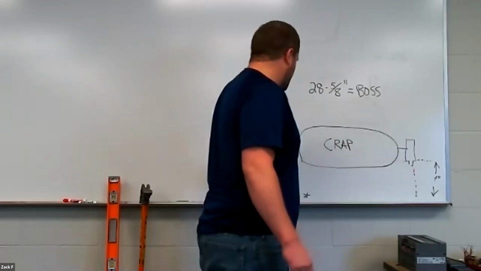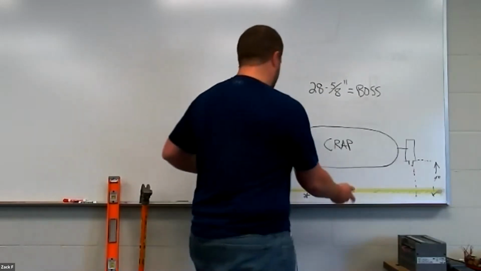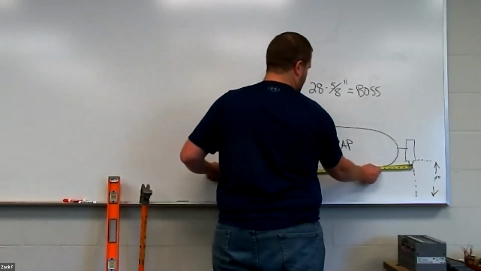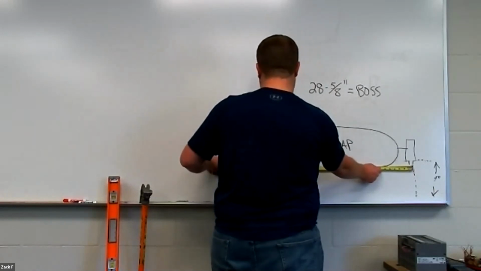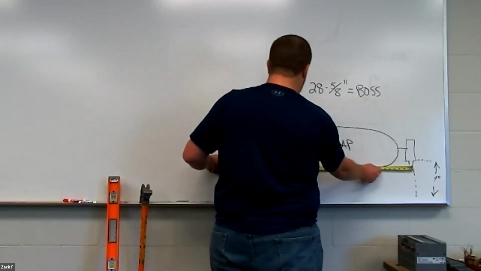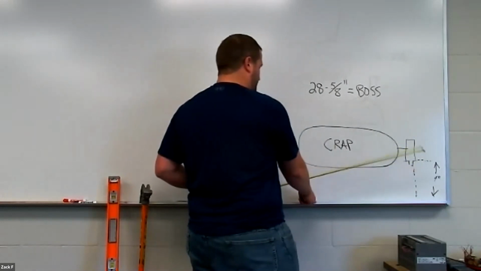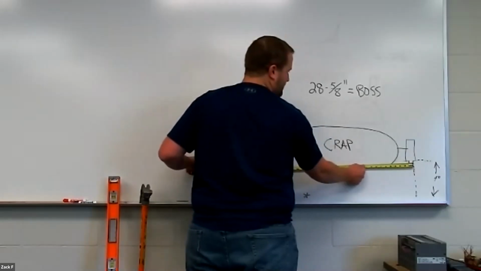Did you forget the gain? No, gain doesn't have anything to do with it for back-to-back. It's 28 5/8, and the mark that I put on here is 27 5/8. That would be why. So this is real life.